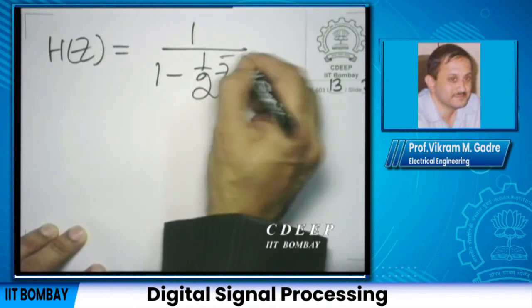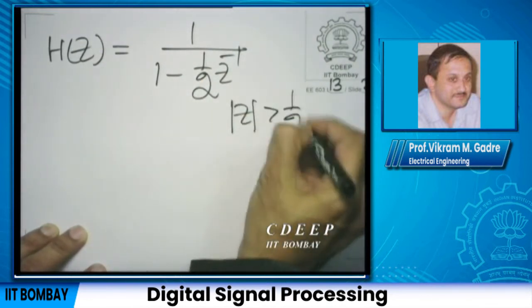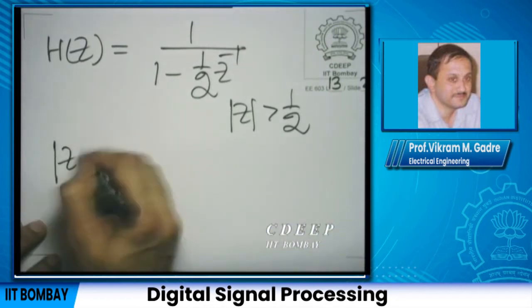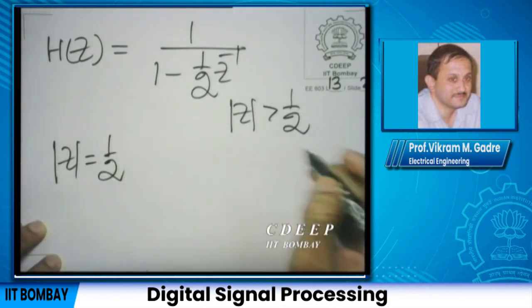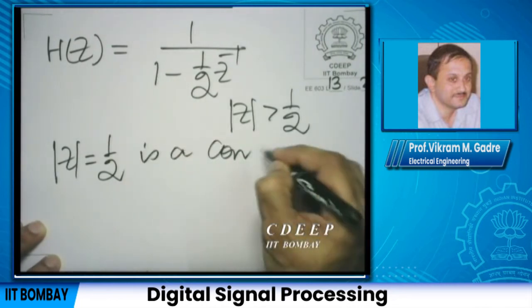We had the Z transform 1 by 1 minus half z inverse with mod z greater than half. Now, here of course, it is very clear that z equal to half, and that means mod z equal to half, can never be in the region of convergence here. That is because mod z equal to half is a contour with a singularity.